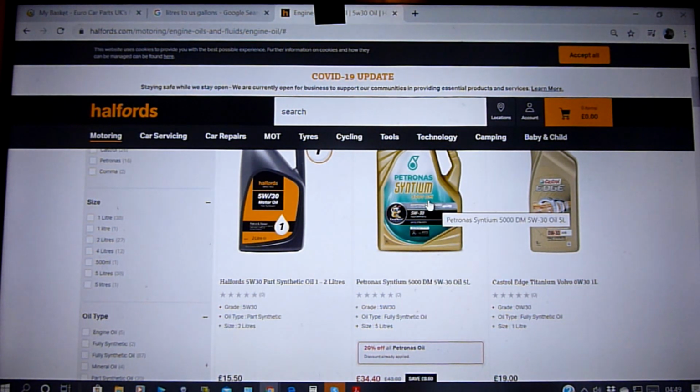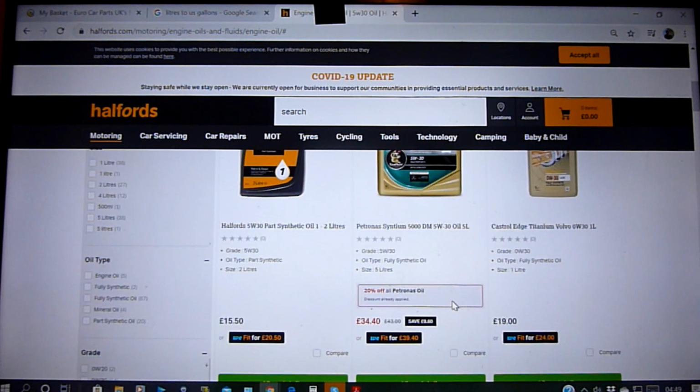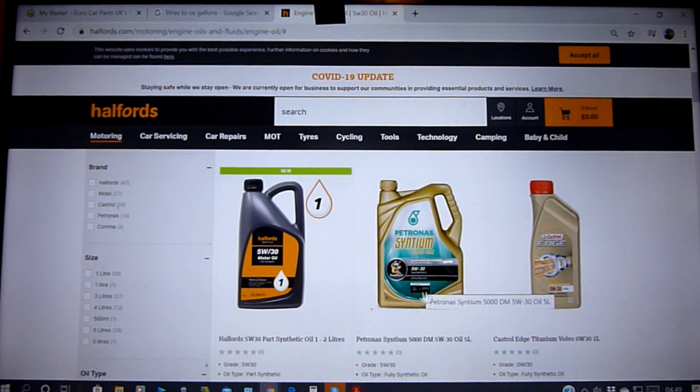That's the same company, isn't it? Wow. 5W30, this is exactly the same thing. 20% off, all discount already applied. £34. So wasn't it 30 for 20 litres? See what I mean? Shop around. I easily picked this one up from Halfords.